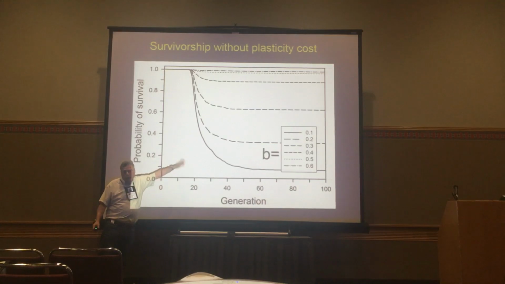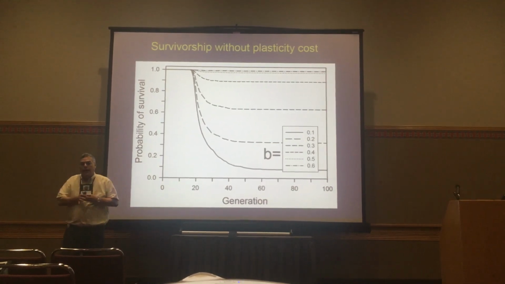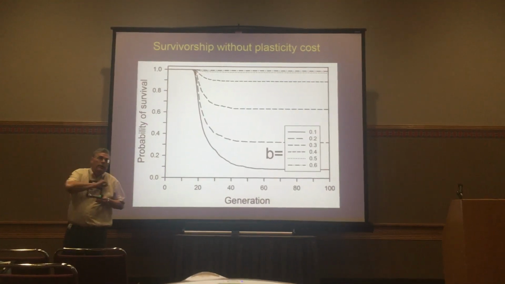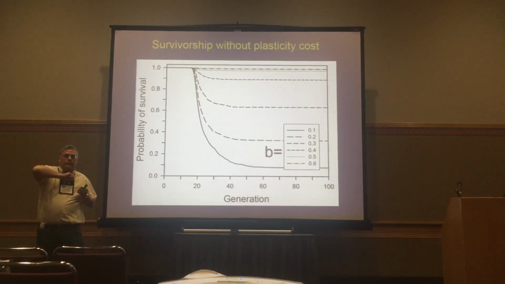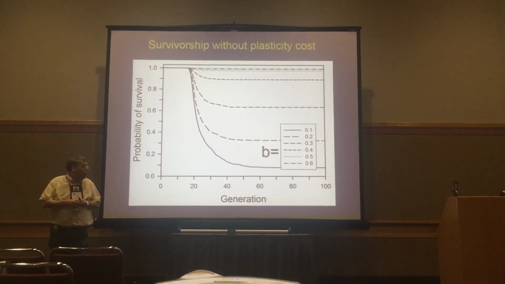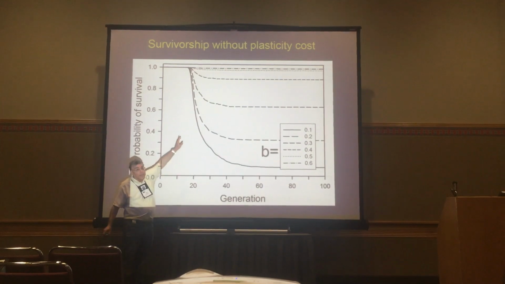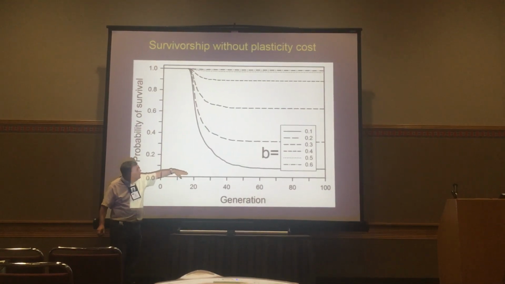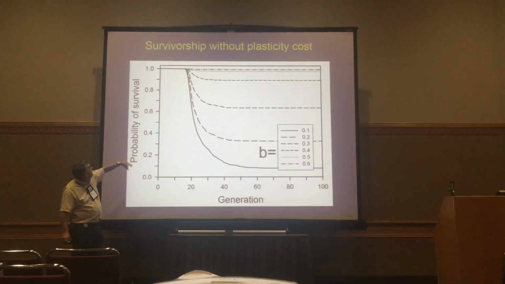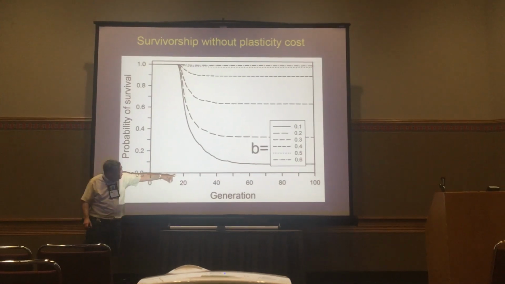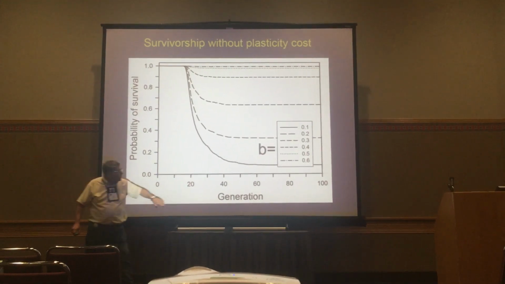Given the rate of change we've got going on here, everything is fine, at which point then the optimal phenotype has been moving far enough away from the starting conditions that some of the populations begin to go extinct. So this is the probability of survival over that first 100 generations.